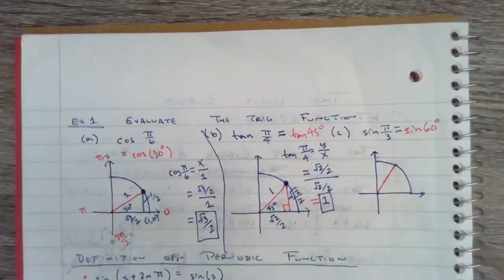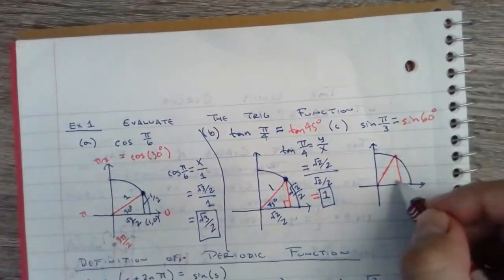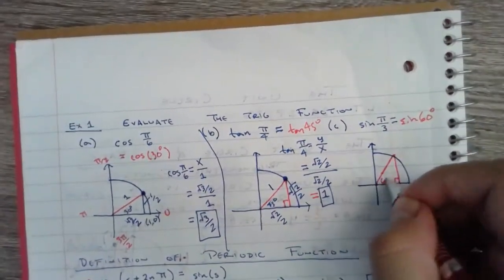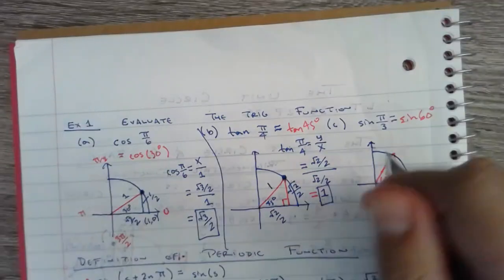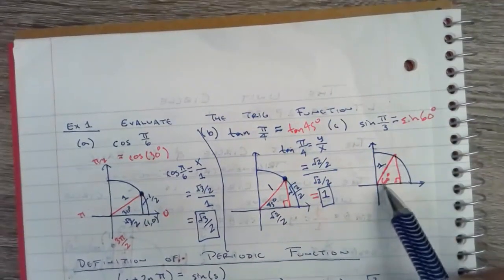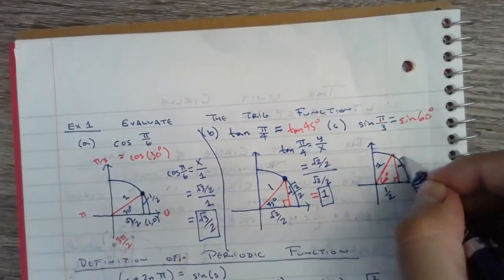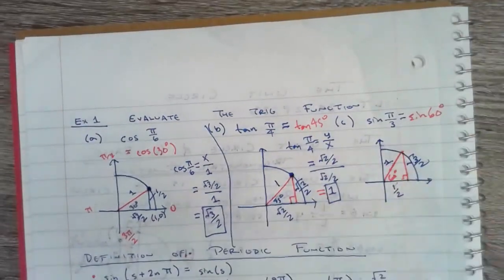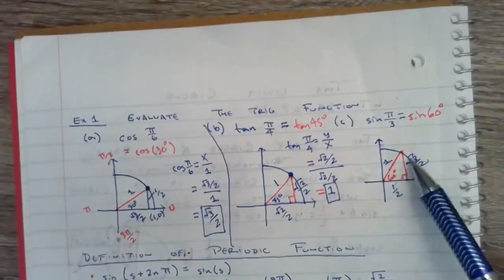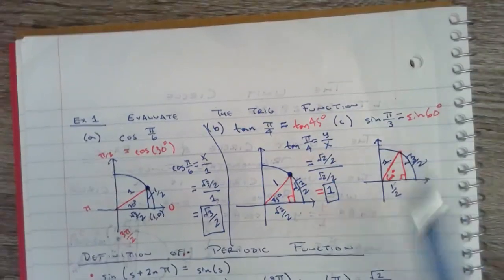And then, again, I'm just drawing a little triangle. So this right here is 60 degrees, and then this right here is 1. Okay, so this is 30 right here, so this side must be 1/2, and then this must be square root of 3 over 2. Okay, so when you see 60, the opposite should be square root of 3 over 2. When you see 30, the opposite should be 1/2.